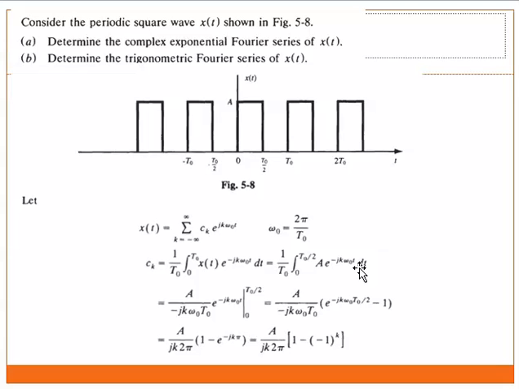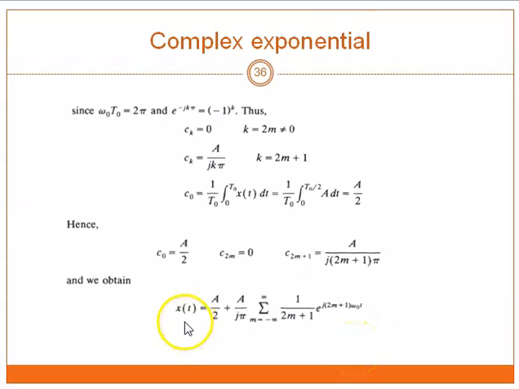Now you have to solve this integration. In the end, x(t) is equal to A over 2, which is your C0, plus A over jπ times the summation of 1 over (2m+1) times e^(j(2m+1)ω0t).